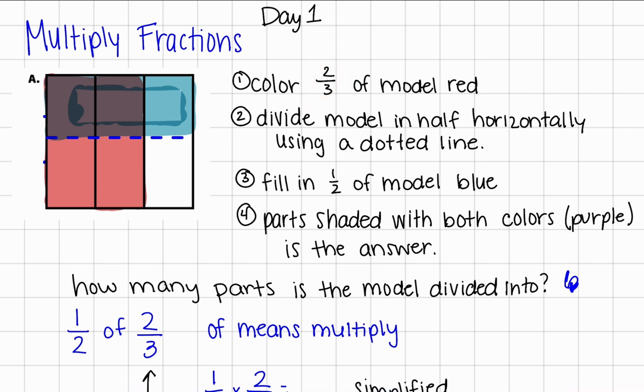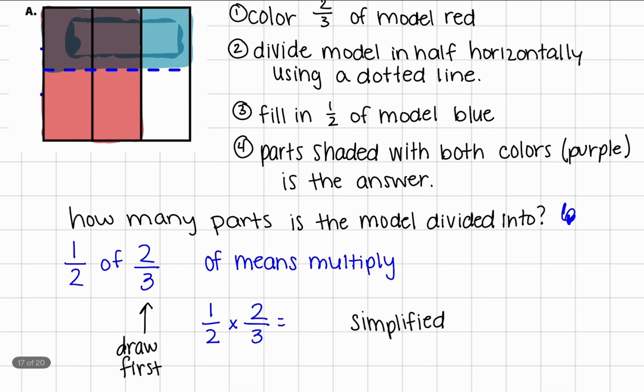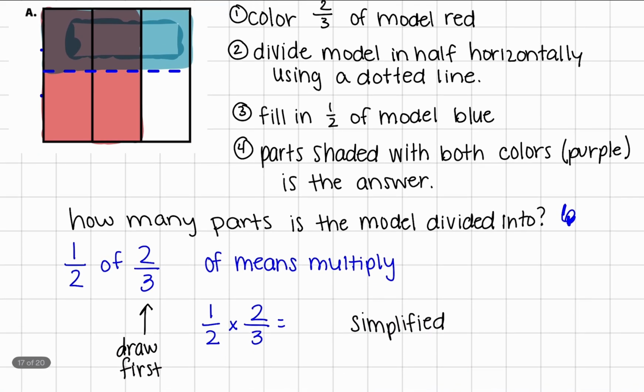Okay, and so of means to multiply. So we multiplied 1/2 times 2/3. And we colored 2/3 first, and then we colored 1/2. And we were left with 2/6. So 1/2 times 2/3 equals 2/6.